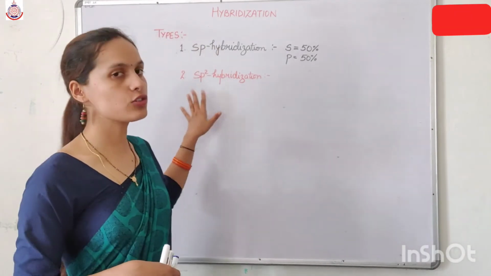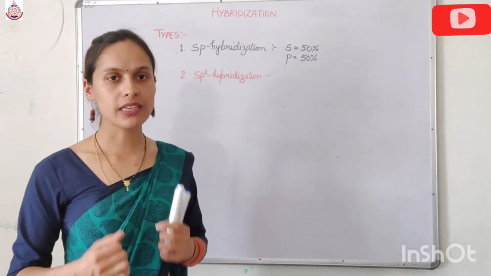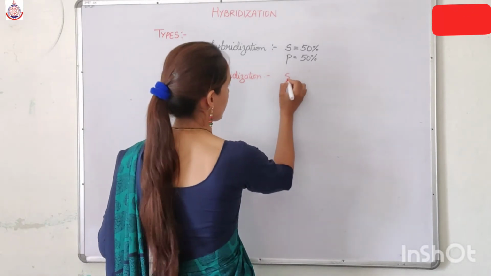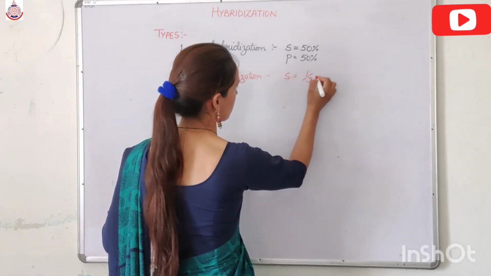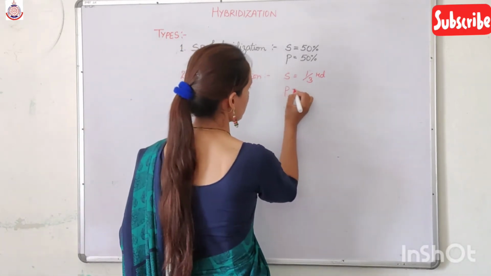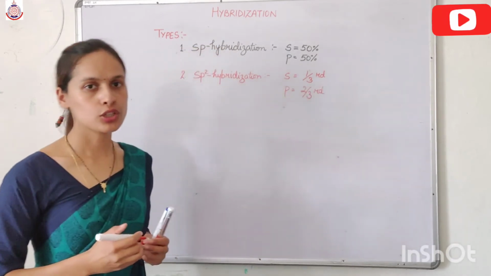So these mix to form 3 new orbitals known as sp2 hybridized orbitals, where the s character becomes 1/3 and the p character becomes 2/3.